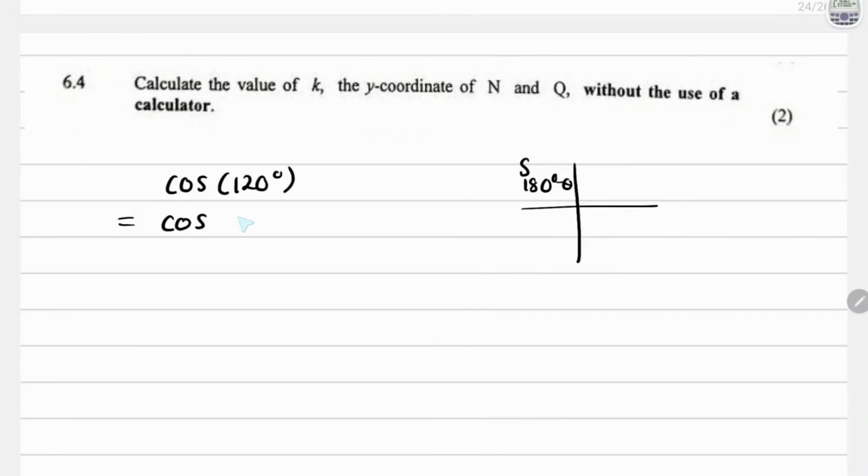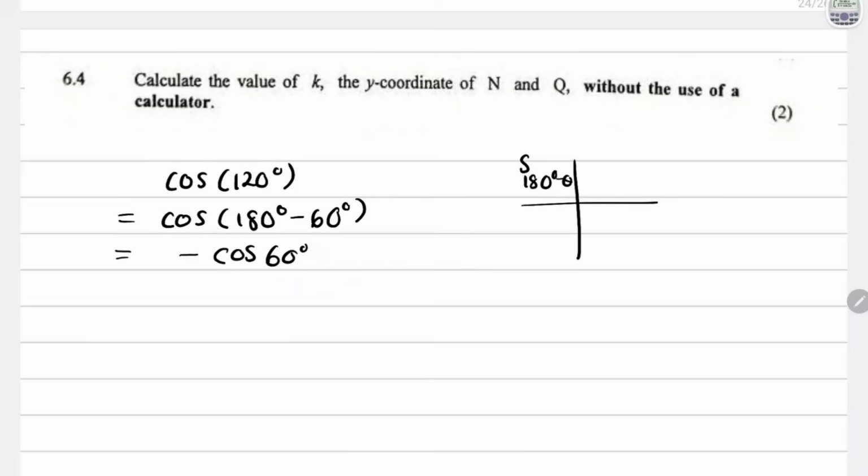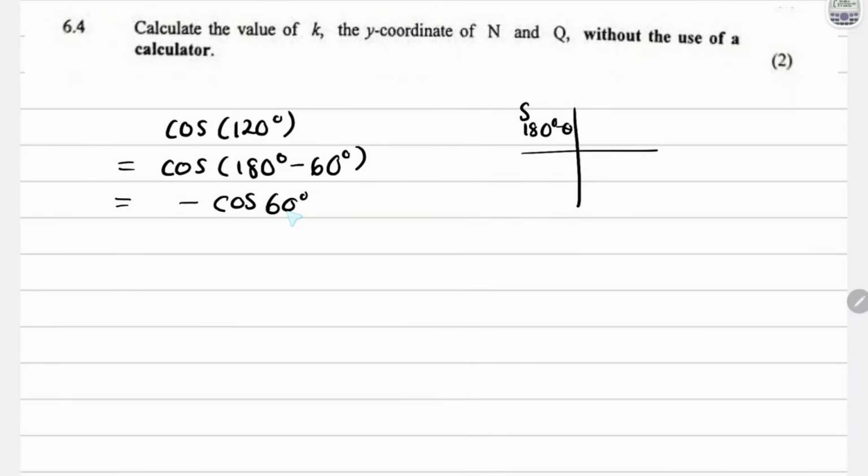That is cos of 180 degrees minus what gives you 120? That's cos of 180 minus 60 degrees. And if you reduce that, because it's not in cos's quadrant but in sine's quadrant, it's going to get reduced to negative cos of 60 degrees. Okay, so now that we have negative cos of 60 degrees, use special angles to find cos 60.